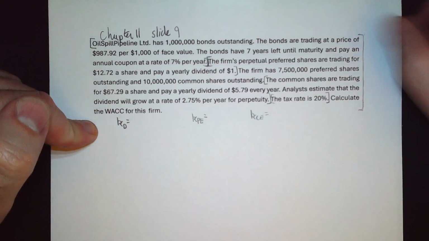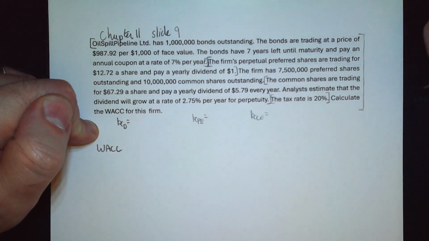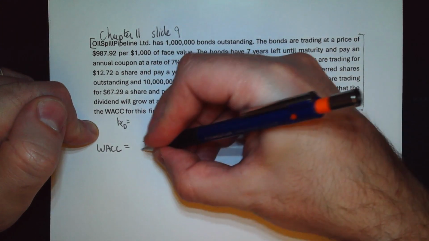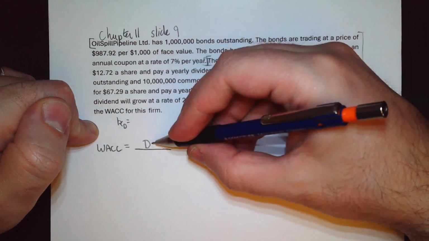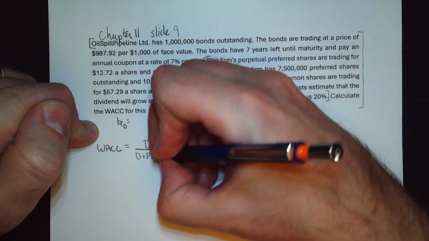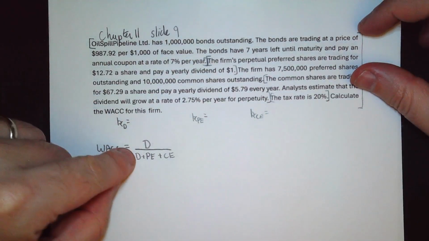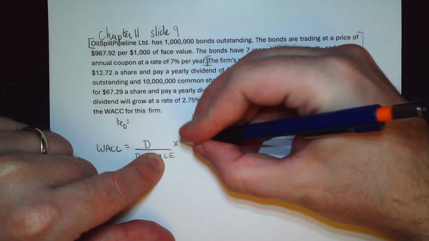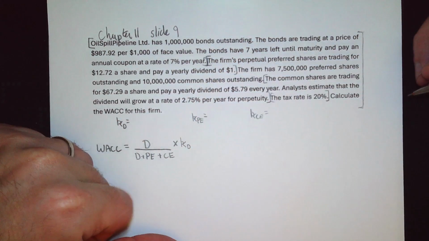The question is about calculating the WACC, the weighted average cost of capital. The weighted average cost of capital is simply: I take the weight that the debt represents in my capital structure. So I take the market value of my debt and divide it by the market value of the firm, the sum of the market value of my debt, my preferred equity, and my common equity, and I multiply this by the required return that I need to pay my investor who owns debt in the firm.